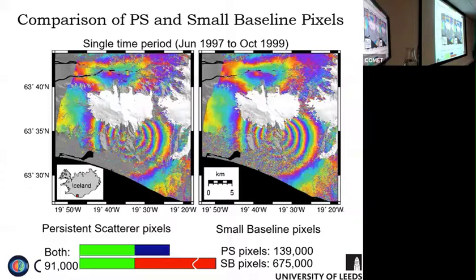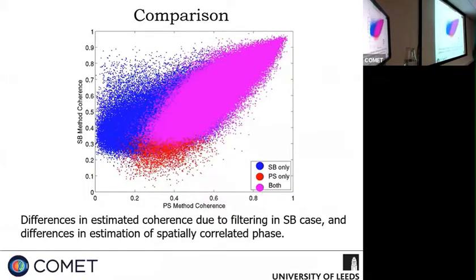So about 91,000 pixels are overlapping. And the PS has some unique pixels, but small baseline selects many more pixels. But we expect there to be more distributed scatterers than persistent scatterers in rural areas, just because of the nature of the area.